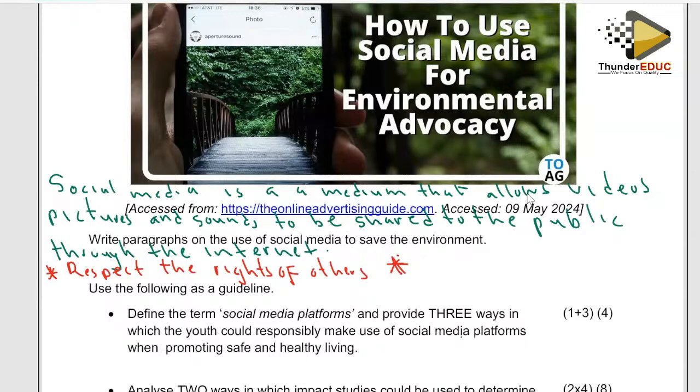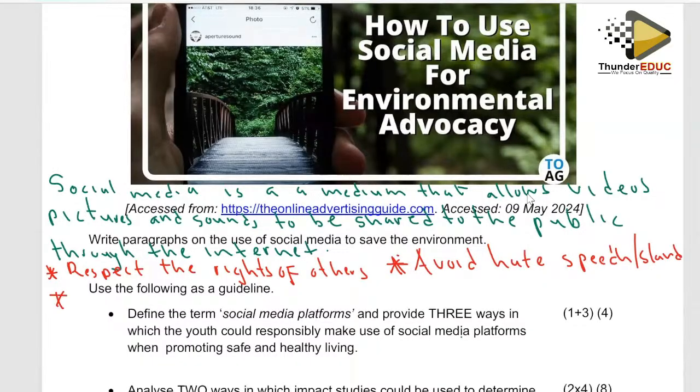Then in addition to that, avoid hate speech or slander. They should avoid using hate speech. Then in addition to that, they should keep their private settings up to date.